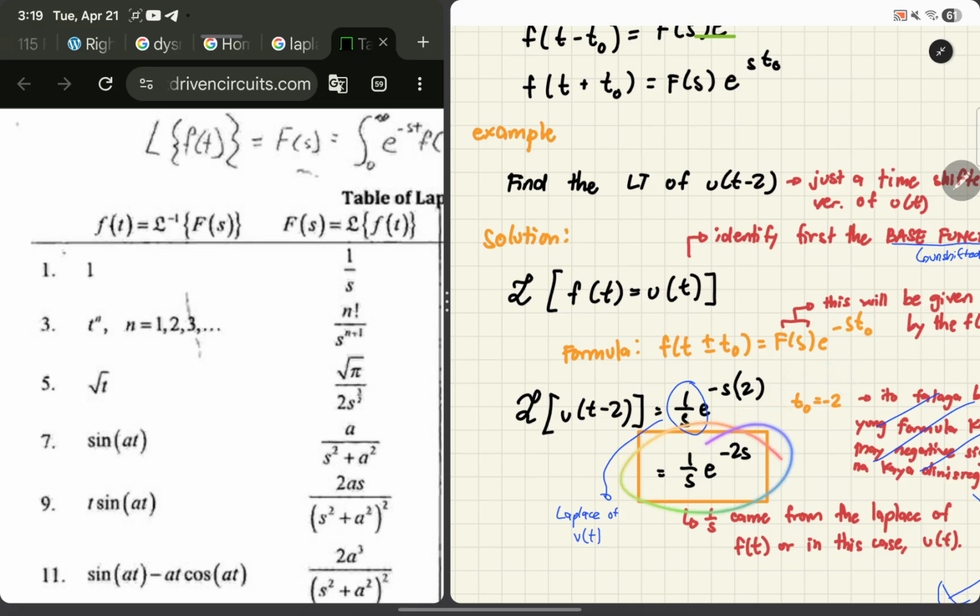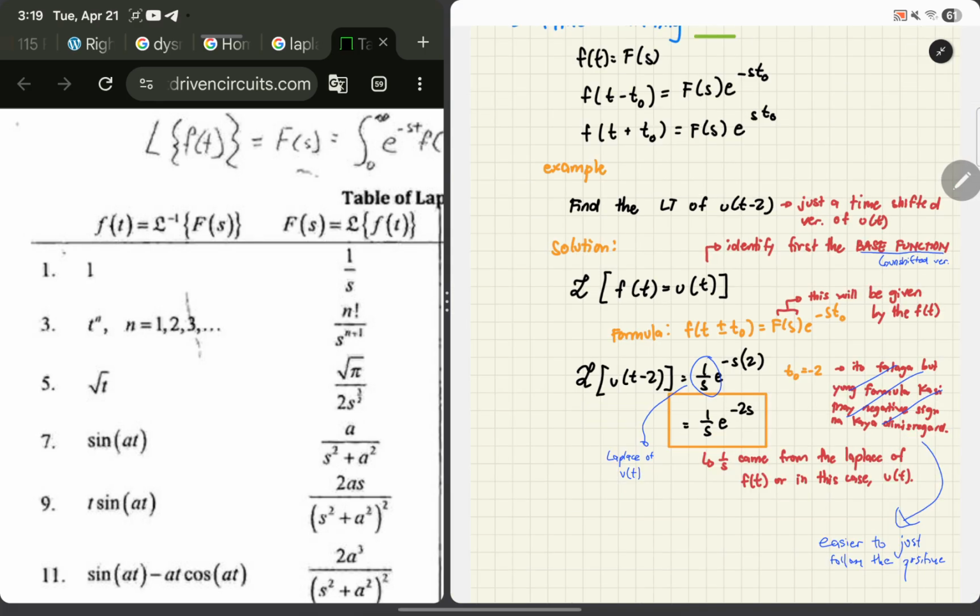Okay, so that's the final answer. So again, the most important part is to identify the base function or the unshifted version of the function, and then Laplace transform it, and then follow the formula.